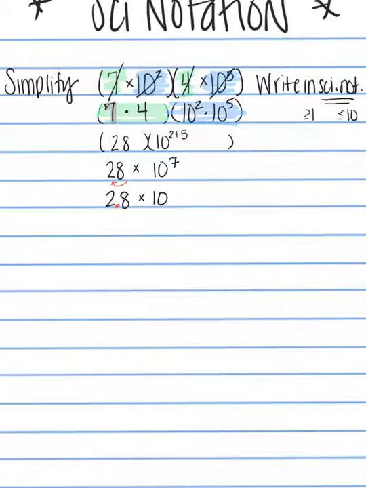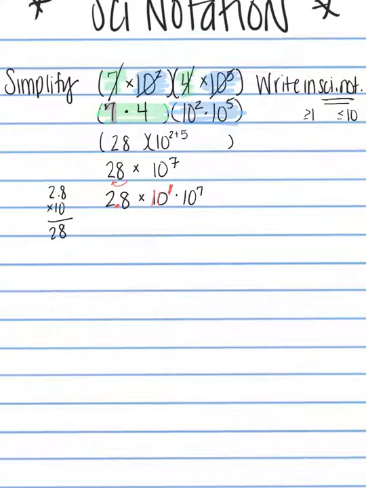Which way did I move my decimal? Well, I moved it to the left, so technically my number should be bigger. So I need to add another 10. In order to get back to 28, I have to add 10. 2.8 times 10 is going to give me 28. So because I went smaller, I had to add another 10 up here.